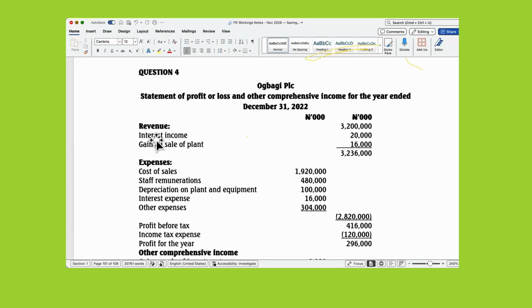The next item is interest income. Now, in line with the way I taught the indirect method, interest income is not an operating activities item. Things like finance costs or interest expense, and interest income, go to investing activities because these are income arising from your investments.